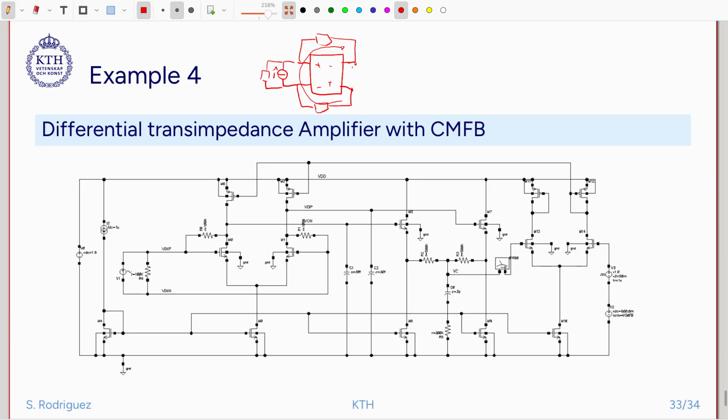We need to do that, and for that we need to add common mode feedback. So we have some capacitive load here. The core of the transimpedance amplifier is here, and then what do we do here?